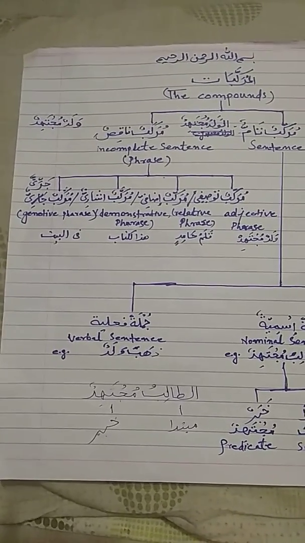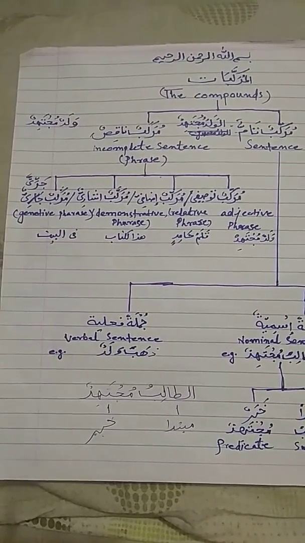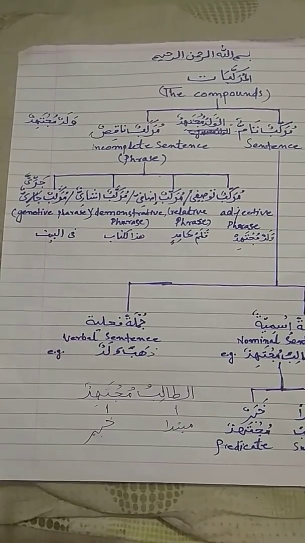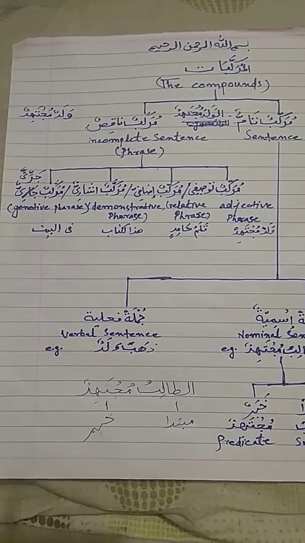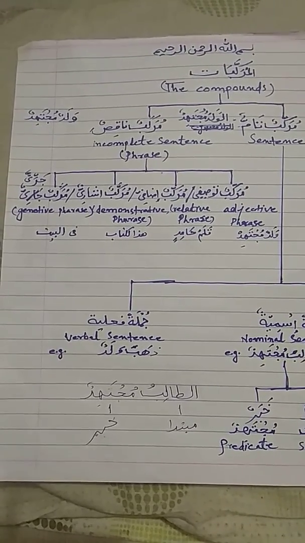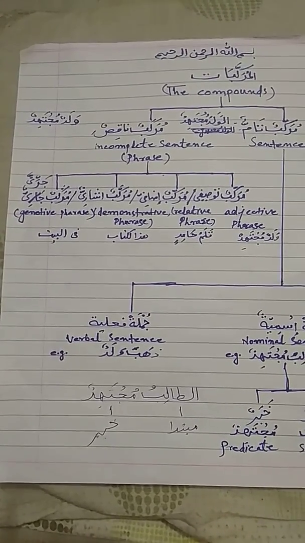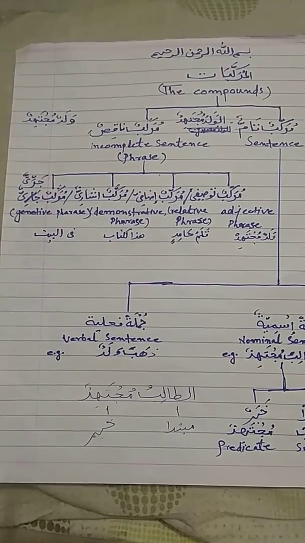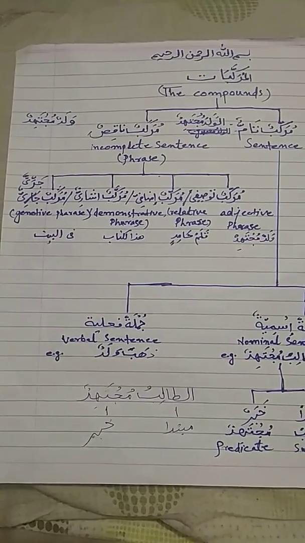For example, waladun mujtahidun, a hardworking student. Number two, murakkabun izafiyun is called relative phrase. For example, qalamu hamidin, Hamid's pen.